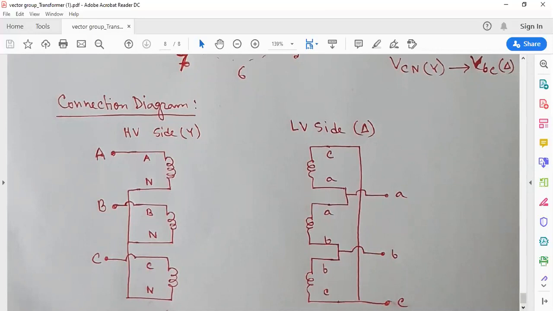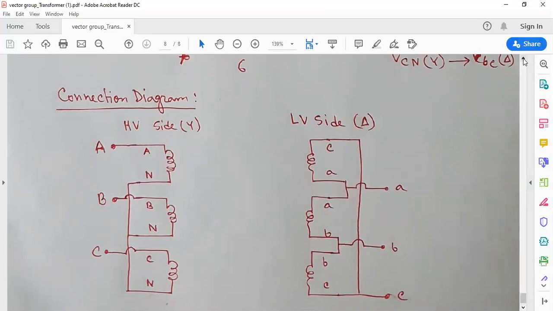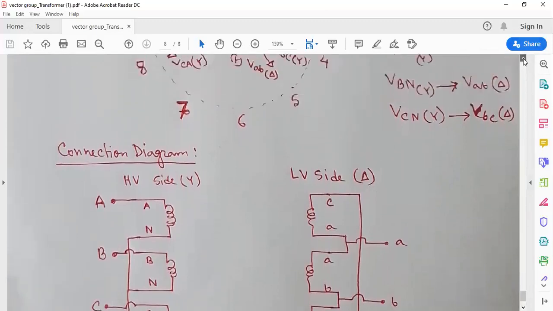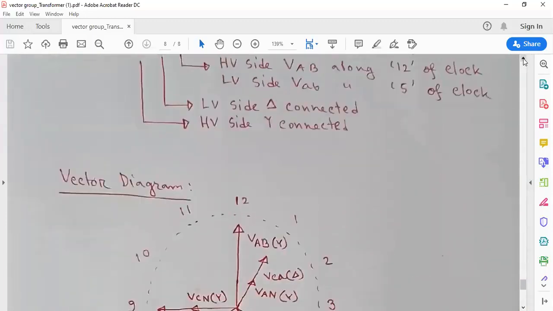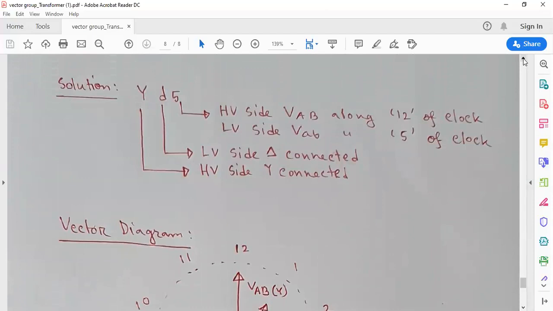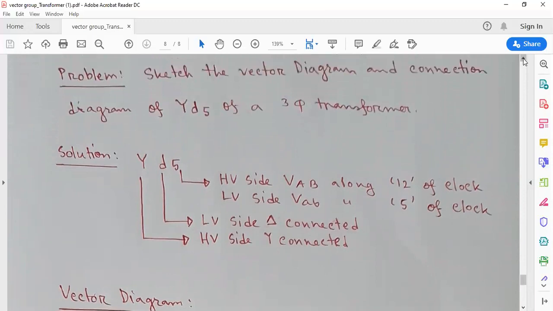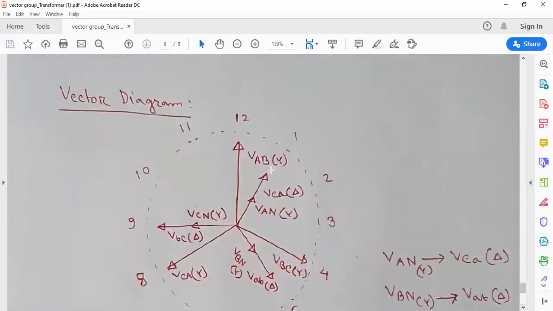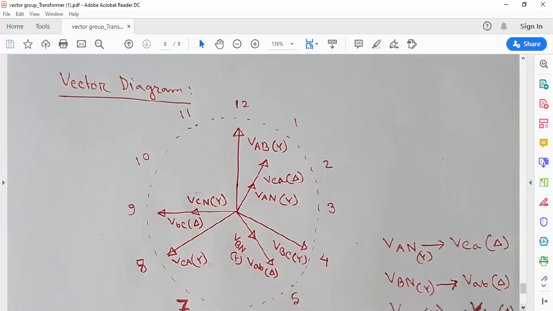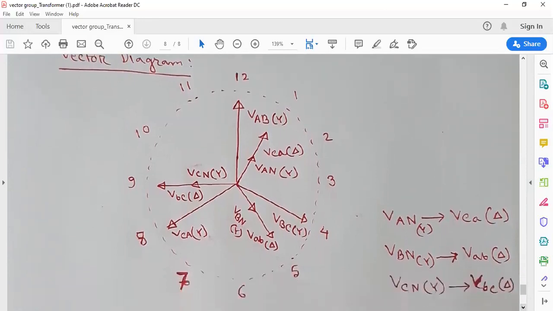Now, your assignment for today's class is to draw the YD5 vector diagram and connection diagram. This is not always the case, but sometimes I can give you these vector diagrams, not YD11 or YD12, just this clock diagram, and I can ask you to draw the connection diagram and the connection name.